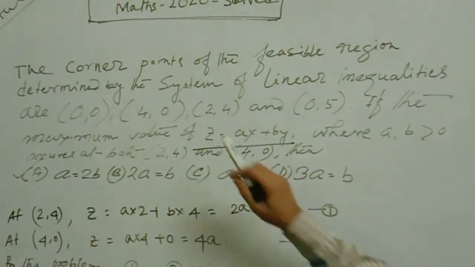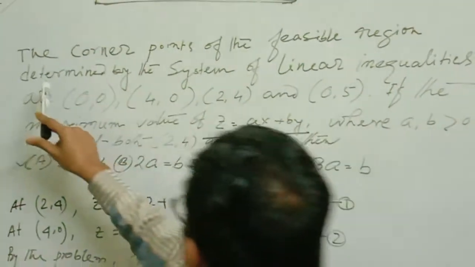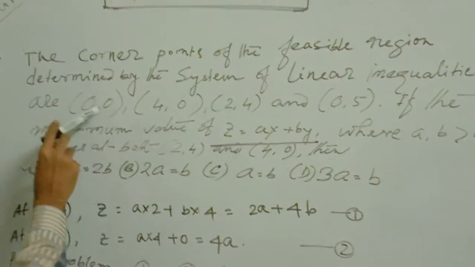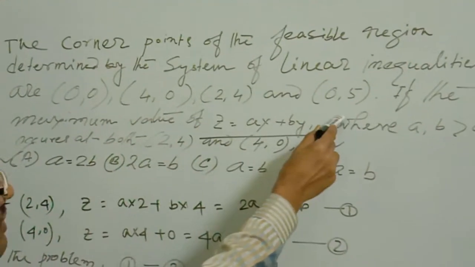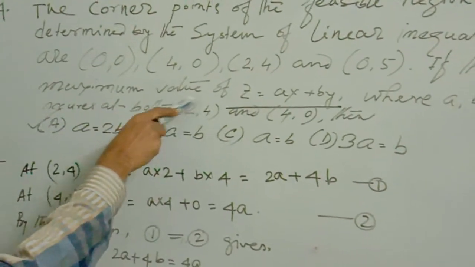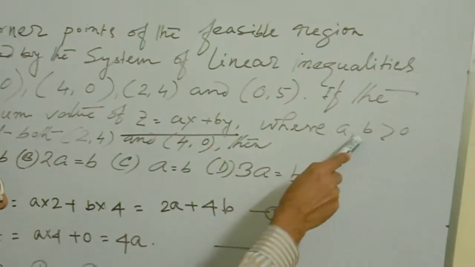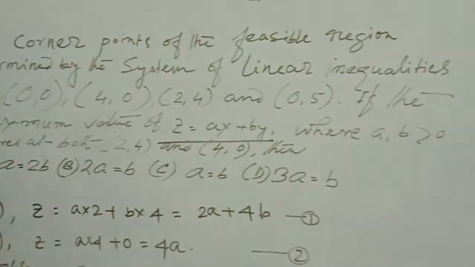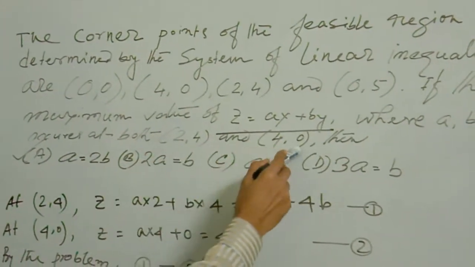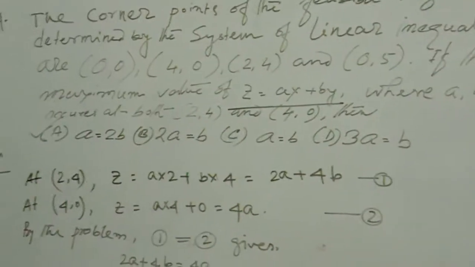Question number 4. The corner points of the feasible region determined by the system of linear inequalities are this and this. If the maximum value of z equals ax plus by, where a, b greater than 0, occurs at both (2, 4) and (4, 0), then which one of the options is correct?